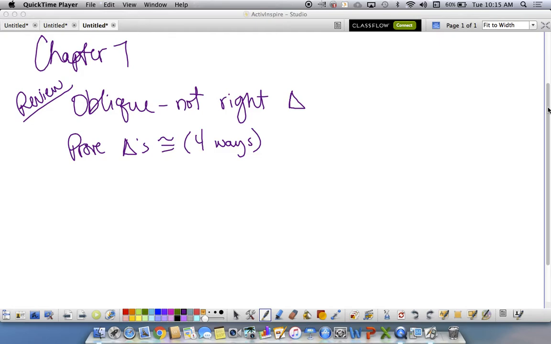The first way, or they're not really in any specific order, is side, angle, side. If 2 sides of a triangle are congruent and the included angle is congruent, then you can prove 2 triangles are congruent by side, angle, side.